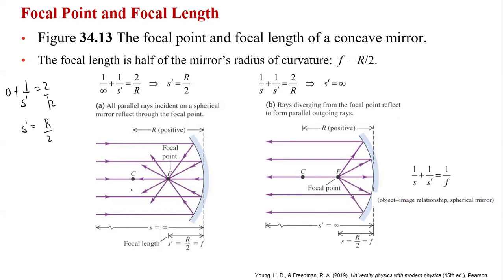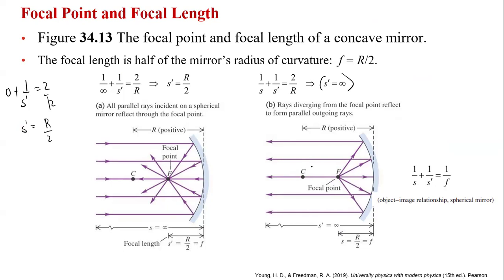Our image is located at this distance, which is equal to r over 2. We call this the focal length, or f. This is half of the radius of curvature.